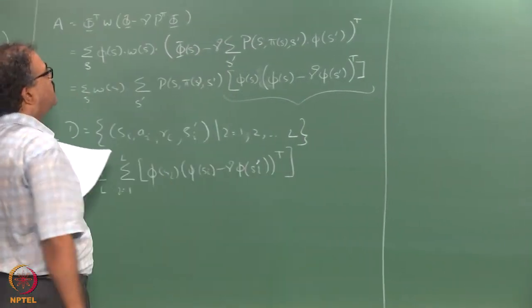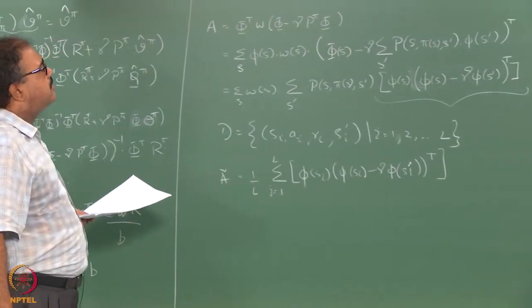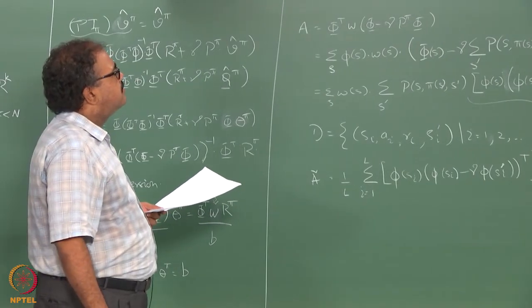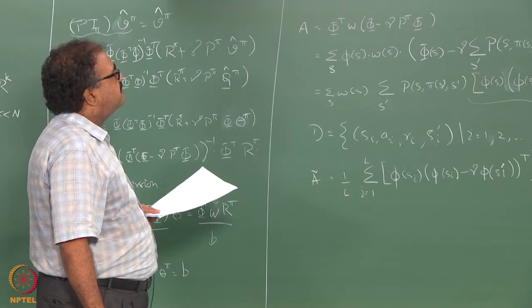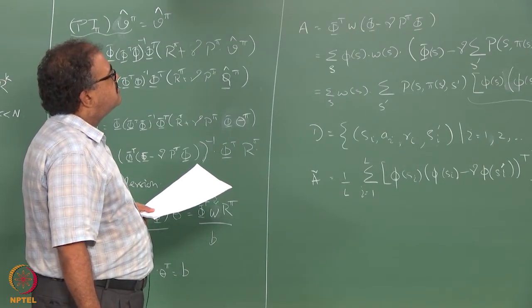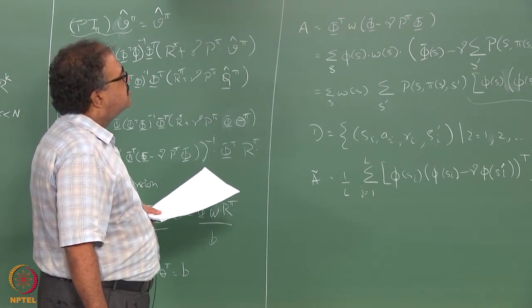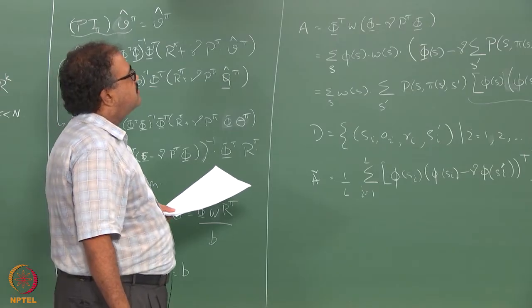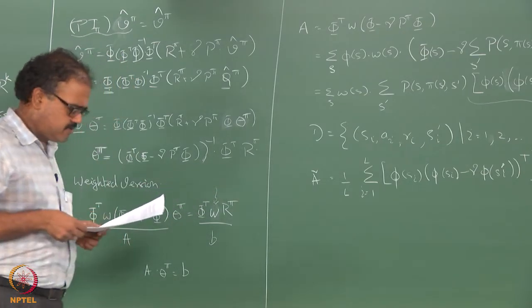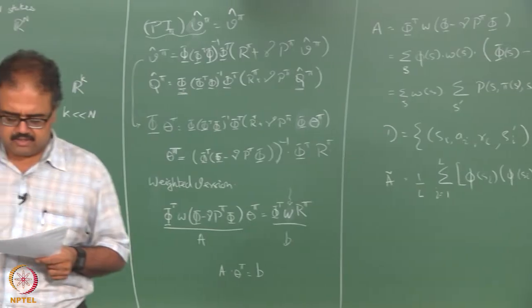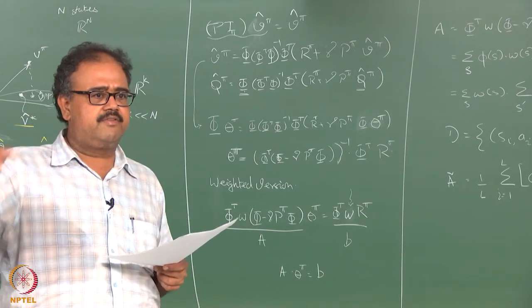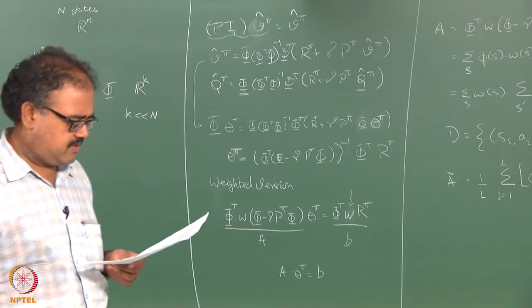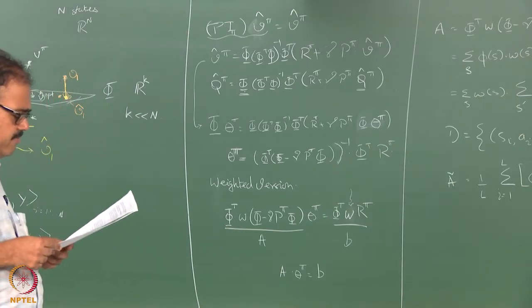Here. I'm not 100% sure. Is it just a number? Yeah, P is just a number, right? So the vector is the phi. So it's fine. So what about B?